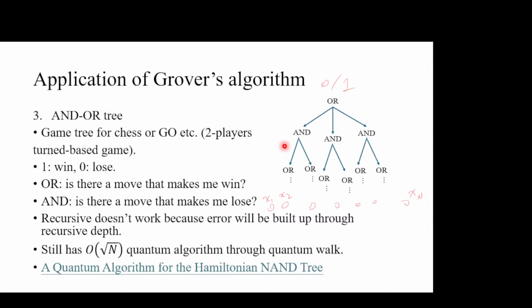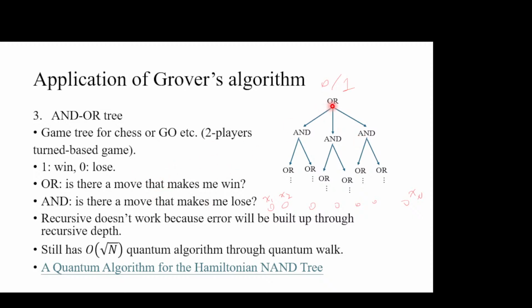Okay, and so the tree basically goes like this. The OR basically means the turn for me. There are two players: player 1 is me, and player 2 is the other player.